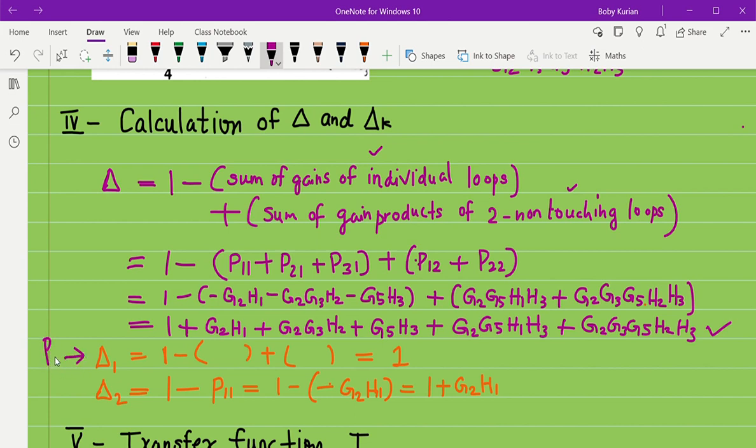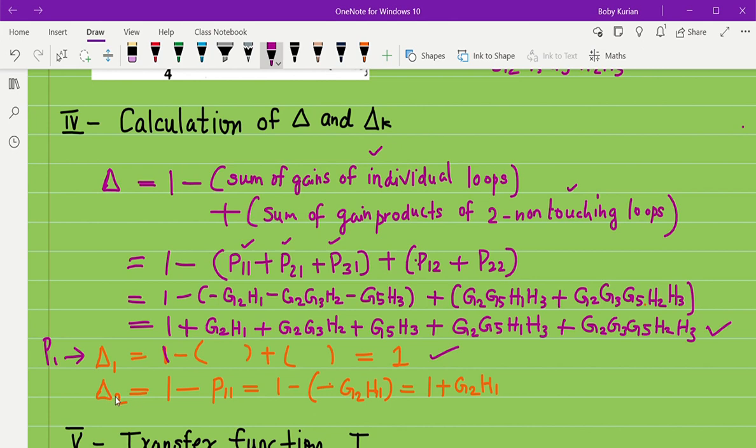So take only the loops which are not touching the first forward path P1. Here all three loops are available, and these three loops touch the first forward path. That is why there is no loop which is not touching the first forward path, so all these values become 0, and what remains is that delta 1 becomes 1.